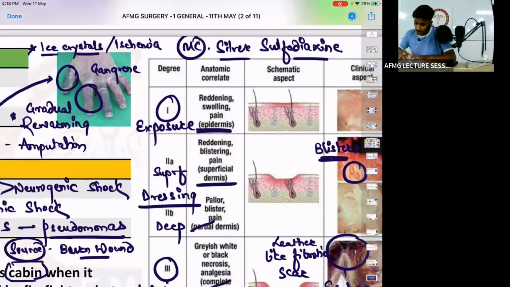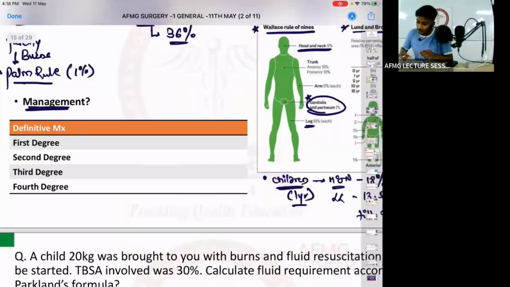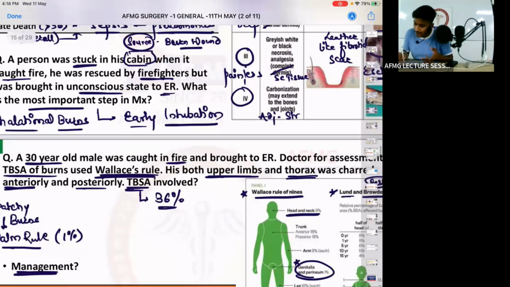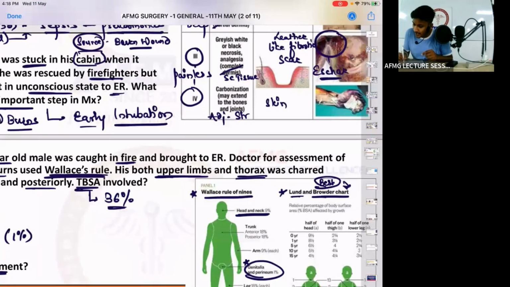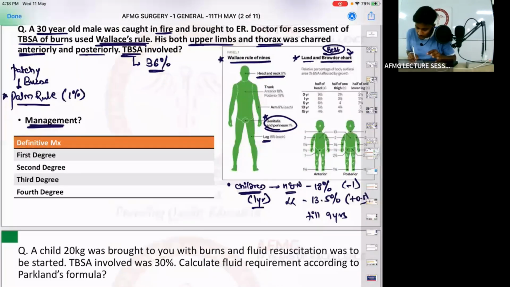No issues with this. For 3rd and 4th degree burns we will require skin grafting.